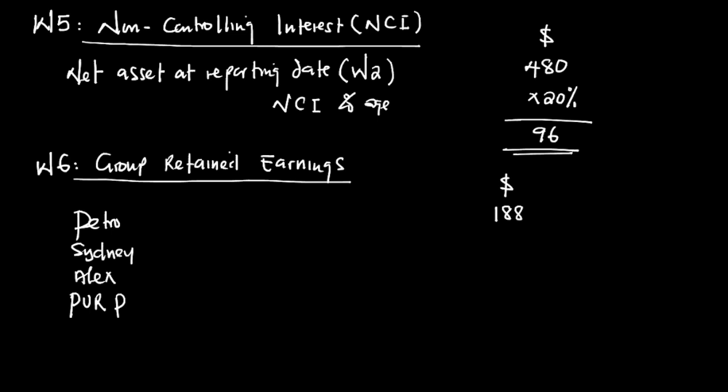Okay, let's fill in the figures. So Sedin, working number 2, W2. From working number 2, we have 75 times 80%. That gives us 60. For Alex, 40 minus 12 times 40%. That gives us 11.2.